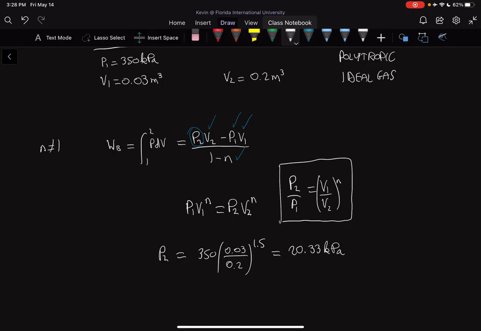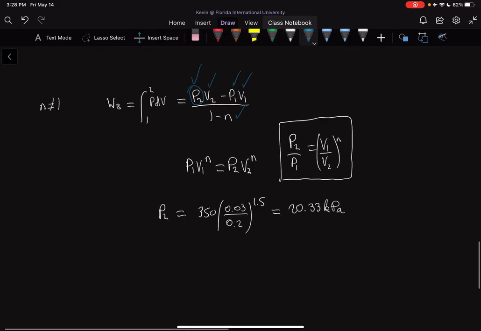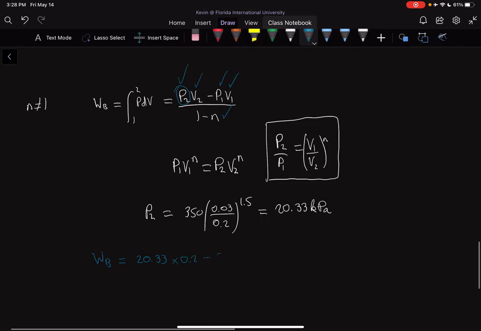Okay, now that we have our pressure 2, we now have all the terms in our above equation, and we can find work boundary. So work boundary would be equal to 20.33 multiplied by 0.2 minus 350 multiplied by 0.03. And make sure you keep the signs correct and you're not changing any signs, times 1 minus 1.5.